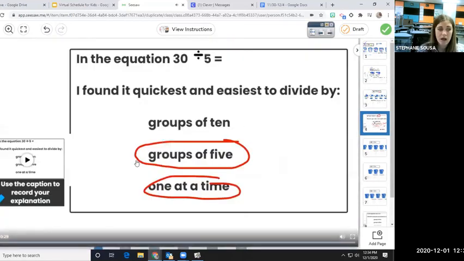Okay? I'm going to go on mute. You go ahead and record yourself right now with the microphone, explaining why you chose to use 5s and 1s. So I'm going to go on mute. You record yourself. Go.